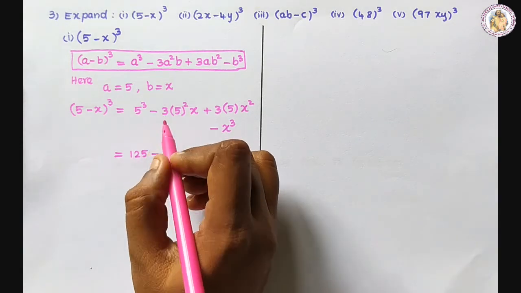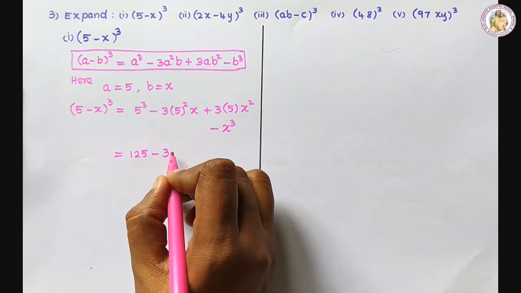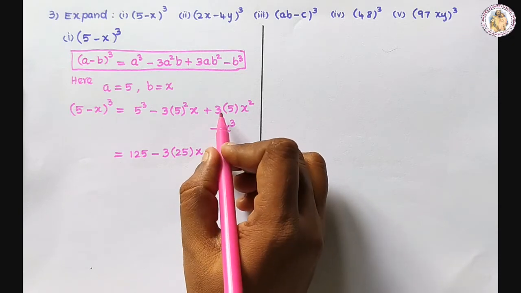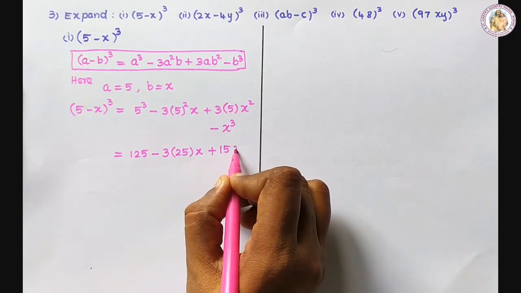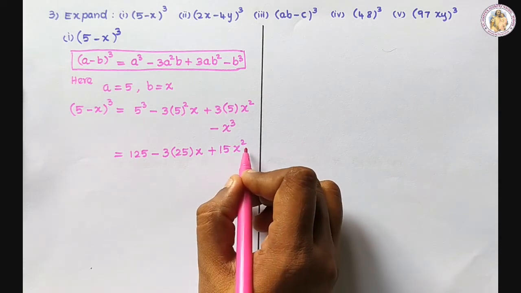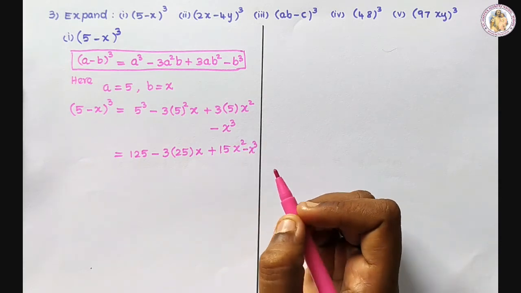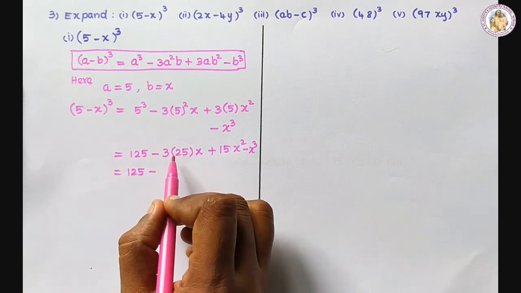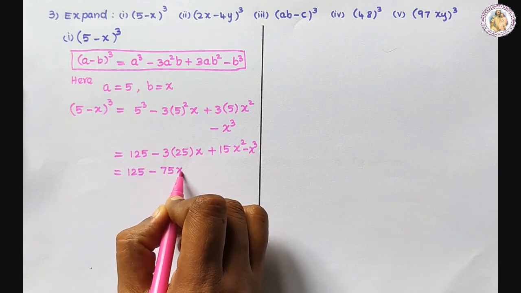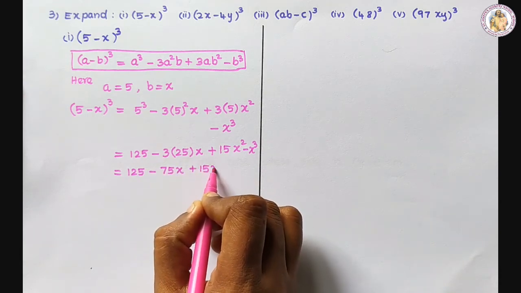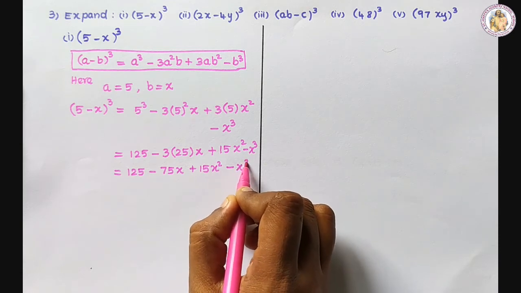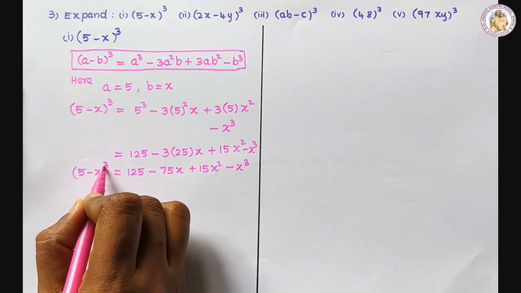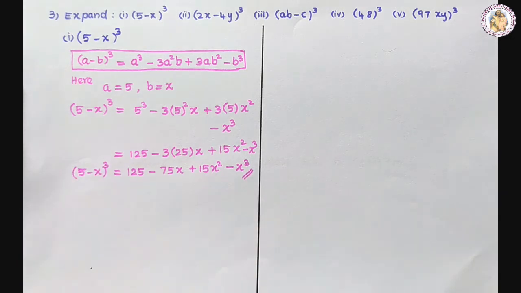Minus 3 into 5 square is 25 into x, plus 3 5s are 15 x squared minus x cube. 125 minus 3 25s are 75x plus 15x squared minus x cube. That is what? 5 minus x whole cube. So that is the answer.